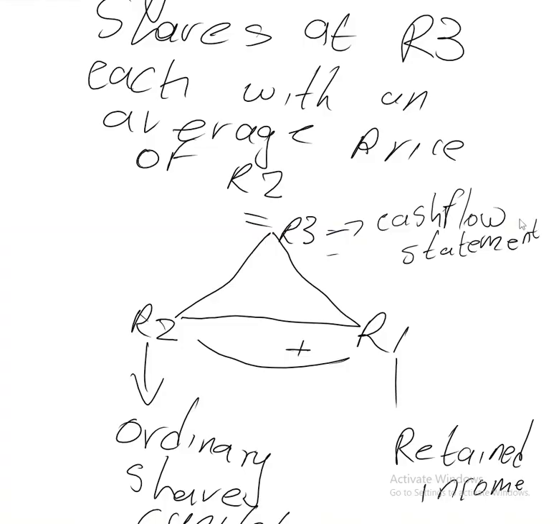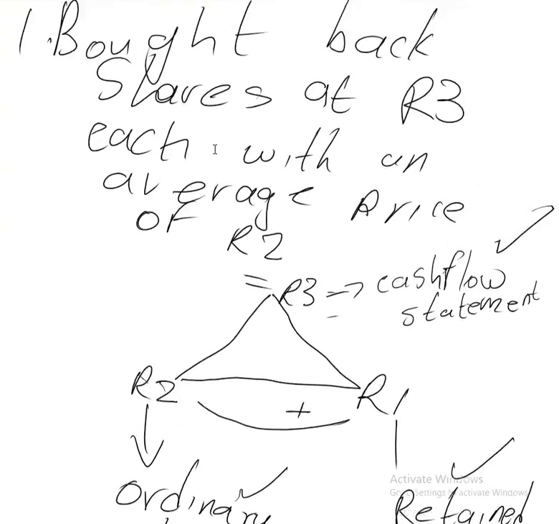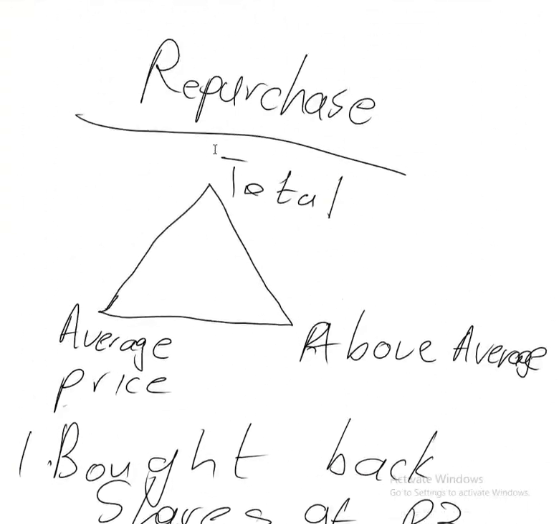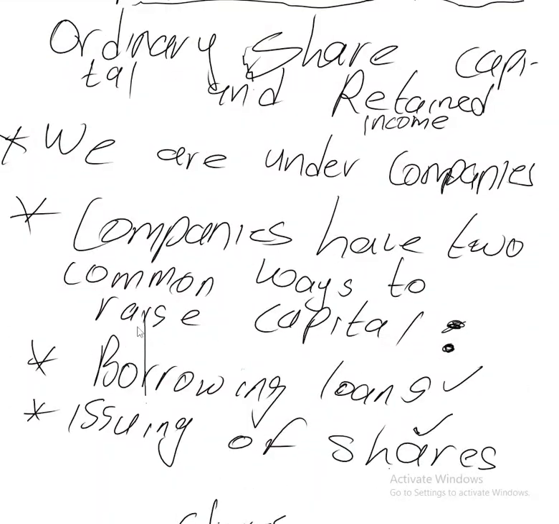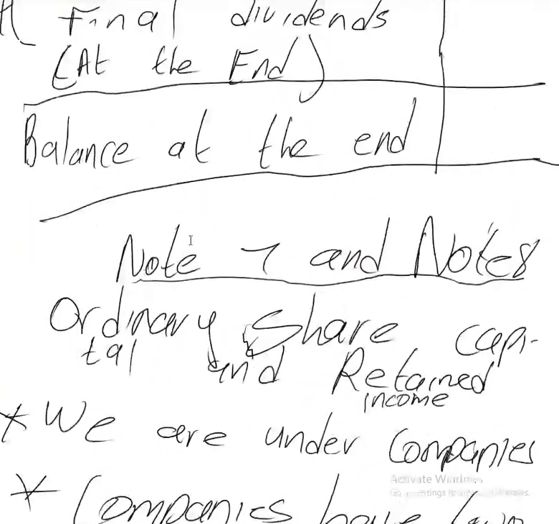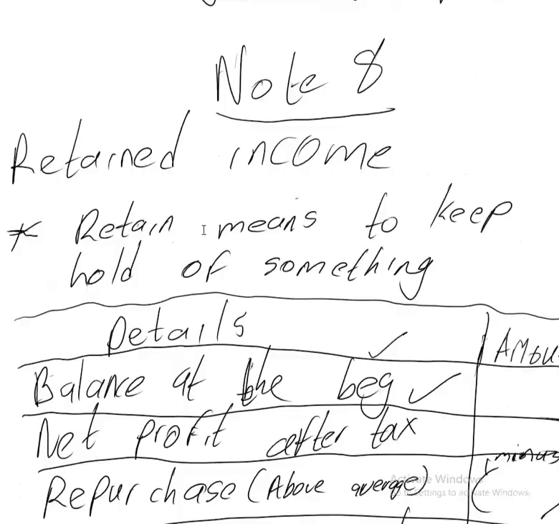For three things, you have the ordinary share capital, the retained income, and the cash flow statement, right? So every time you're doing either one of these three, always make the triangle for the repurchase. Always, right? Unless obviously you now start understanding it so much that you don't need to draw it, you can do it in your head, then that's still cool, as long as you understand the triangle.